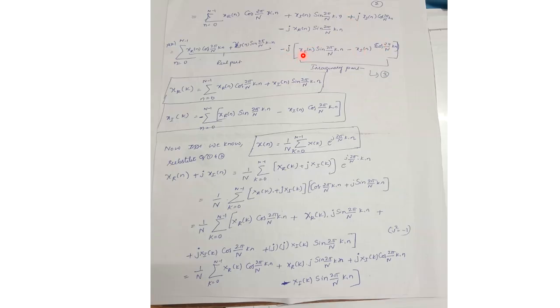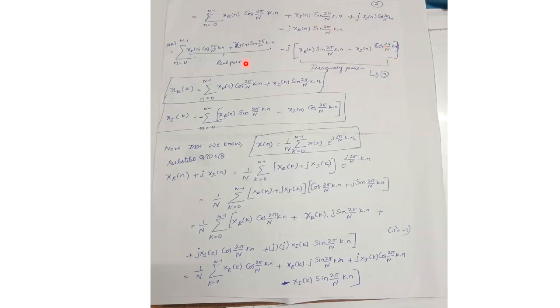When you take minus j as common, you will get minus j of xr of n sin of 2 pi by n kn. Minus into minus will be plus. This will be this component xi of n cos of 2 pi by n kn.